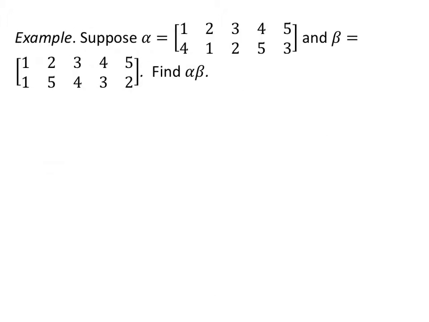Let's practice just a minute here with a composition. We want to compute alpha beta when alpha is this permutation and beta is the second one here. We'll do it one element at a time.